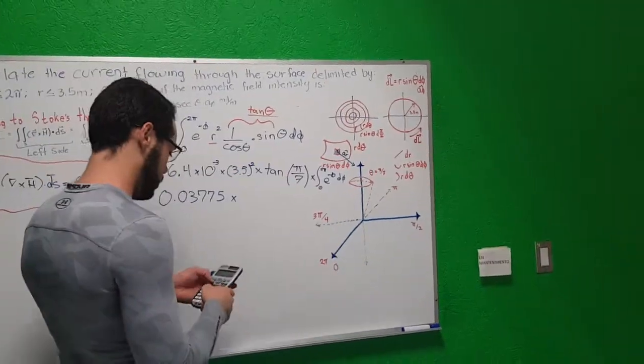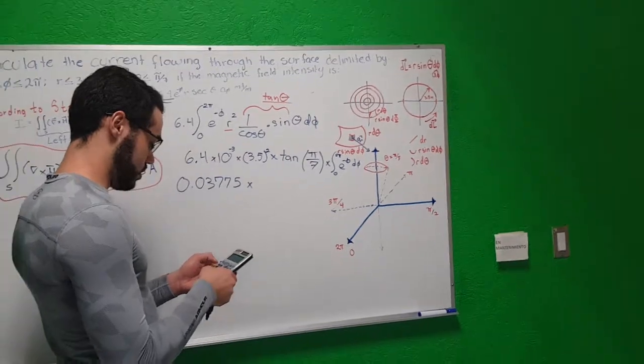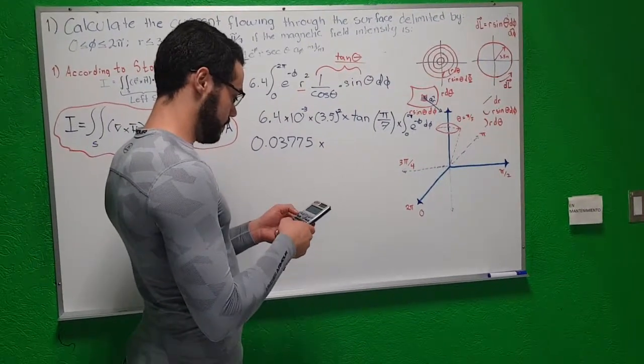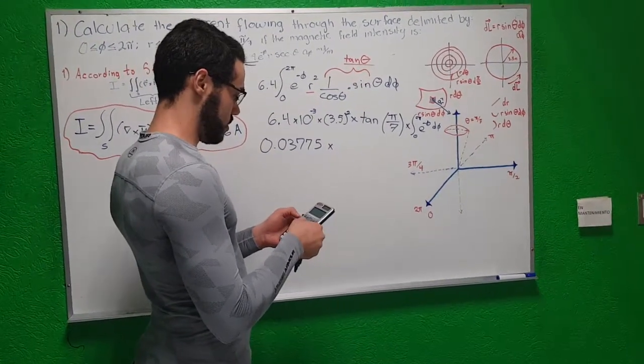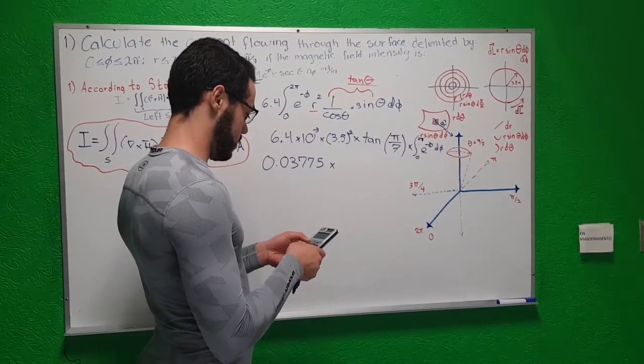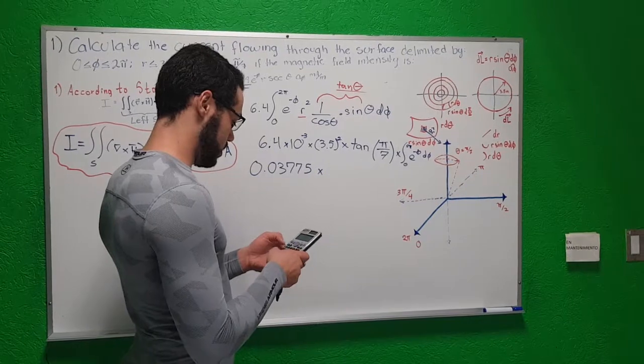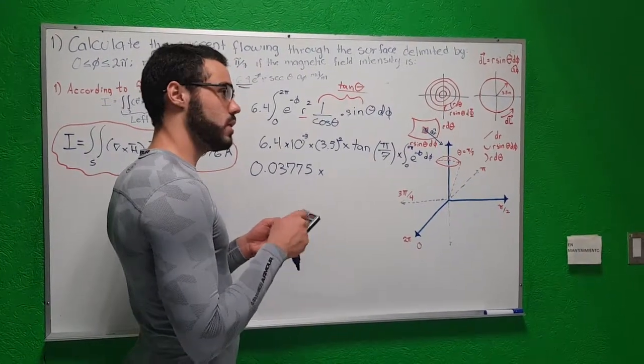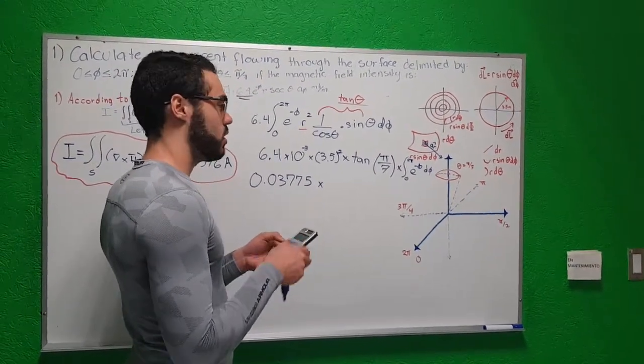And I'm gonna do this integral, from 0 to 2 pi. The calculator needs to be in radians. Why?